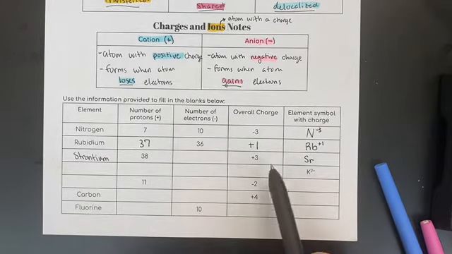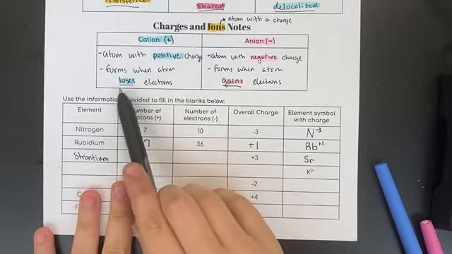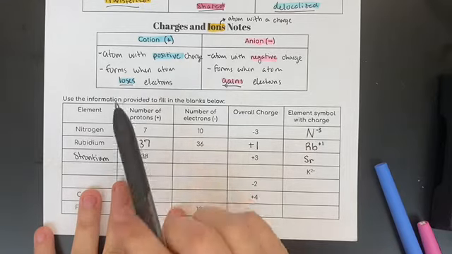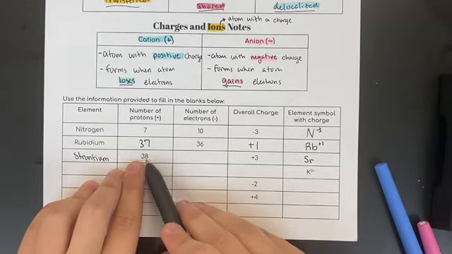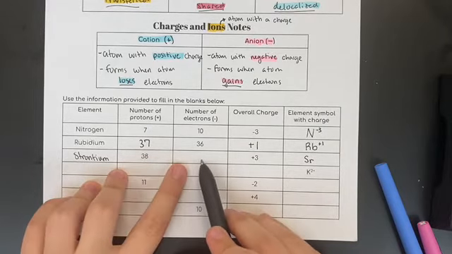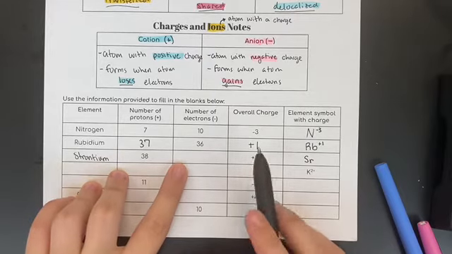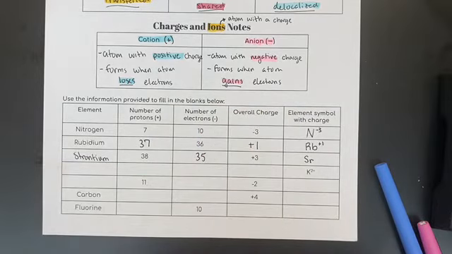If it has a charge of positive 3, that means it's a cation, which means it has lost electrons. Since it's a charge of 3, that means it's lost 3 electrons. So if a neutral atom would have 38 protons and 38 electrons, the cation has lost 3 electrons. That means we must have 35 electrons.